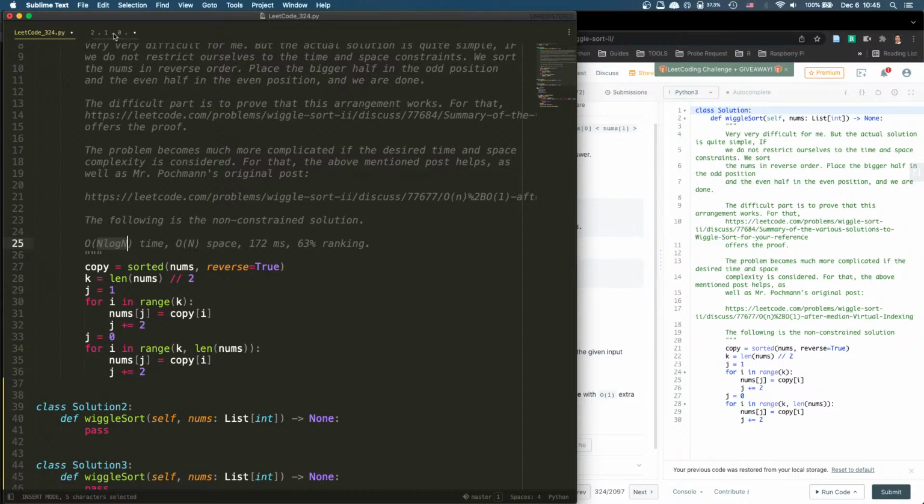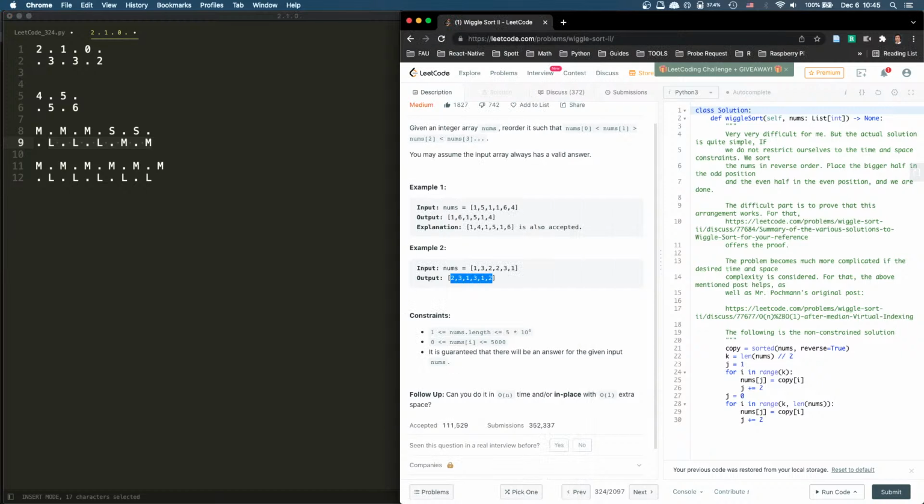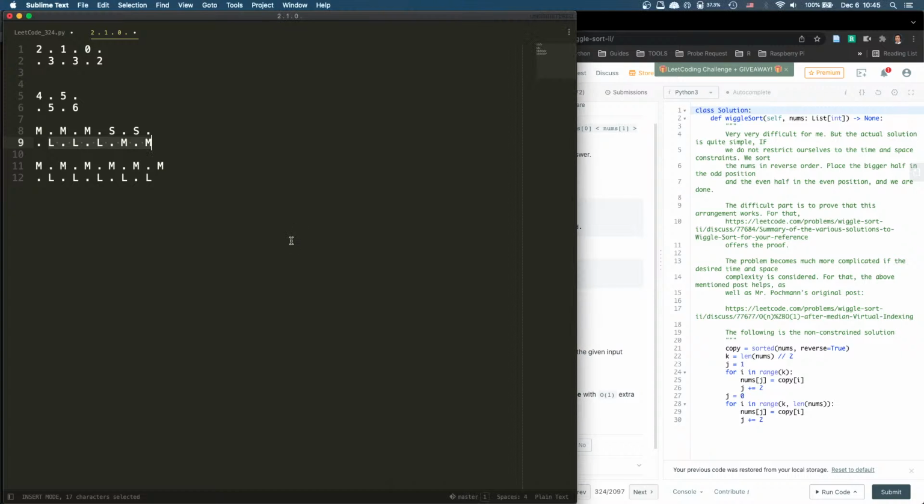Now, how can we improve this to reduce the time complexity and the space complexity? We can do time complexity first. Two observations. First, the key is just the medium values.